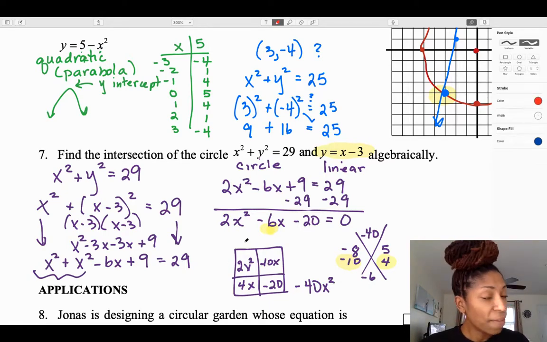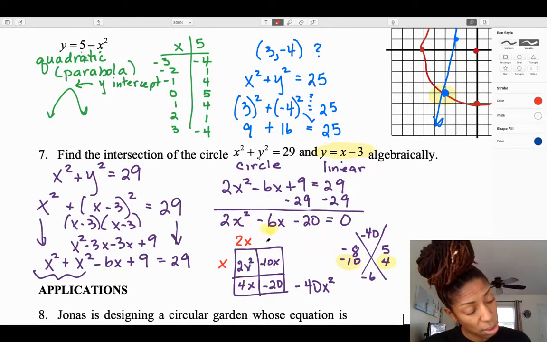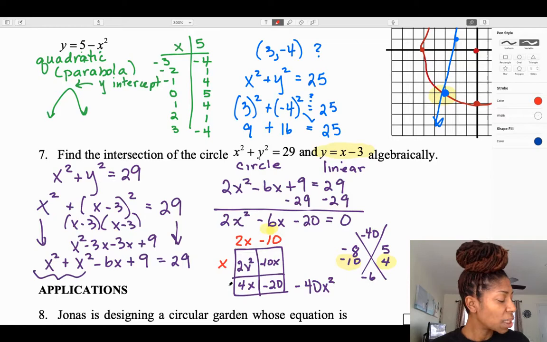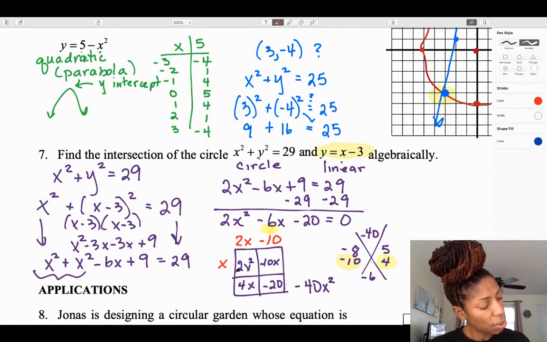What's the GCF of each row and each column? So what can go into 2x squared and 4x? 2x. And then that means I have to have an x here because 2x times x is 2x squared. What's the GCF here? Well, if I have an x here, I have to have negative 10 here. And what goes here, I have to have 2 here.